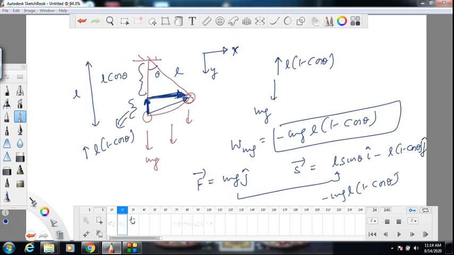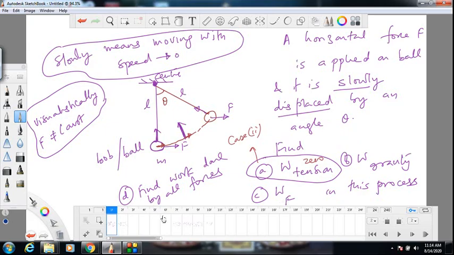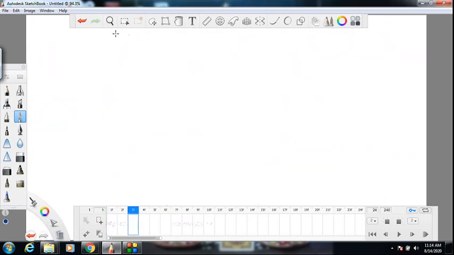Now the third bit is there, work done by F in the process. First of all, the ball is going very slowly, which means it is at rest for all practical purposes, because it is moving with a speed tending to 0. So assume the ball has turned by a certain angle phi.